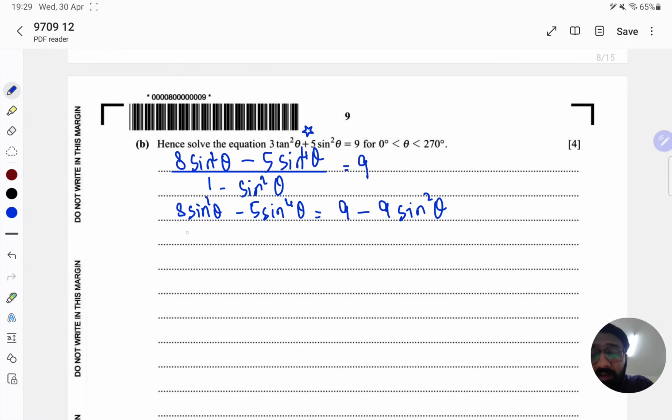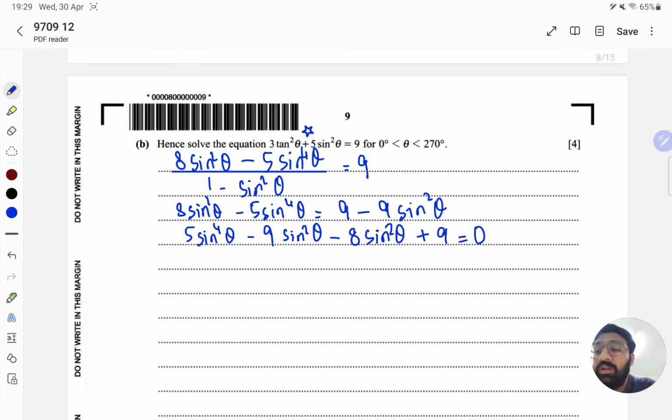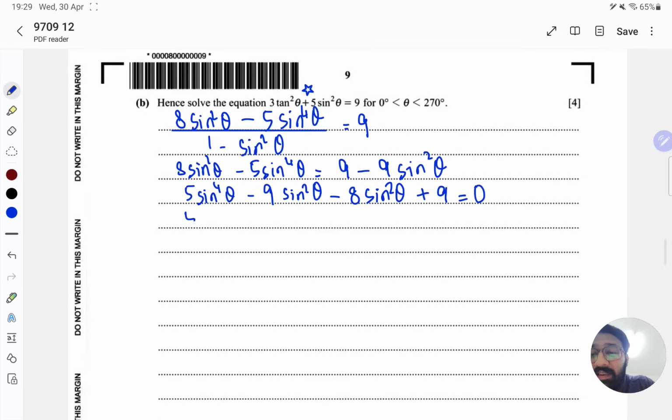Now let's simplify. We'll take the bigger power to the right side, so it will be 5 sin 4 theta minus 9 sin square theta minus 8 sin square theta plus 9 equal to 0. So simplify the like terms. It will be 5 sin 4 theta minus 17 sin square theta plus 9 is equal to 0.